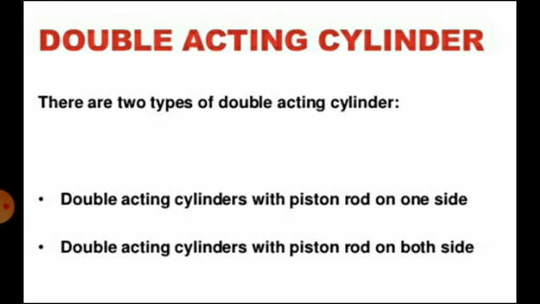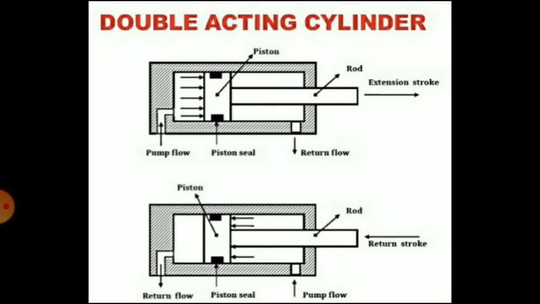Now next is the double acting cylinder. There are two types of double acting cylinder. First is the double acting cylinder with single piston rod, and second is the double acting cylinder with double piston rod. So first is the double acting cylinder with single piston rod. You can see in the diagram there is only one piston rod at one side of the piston.